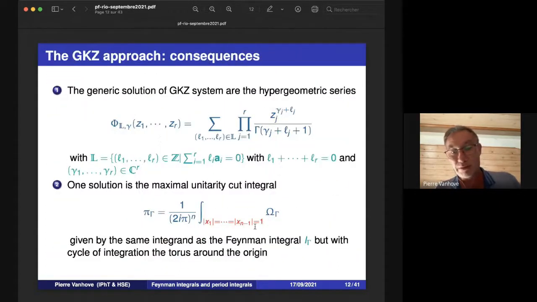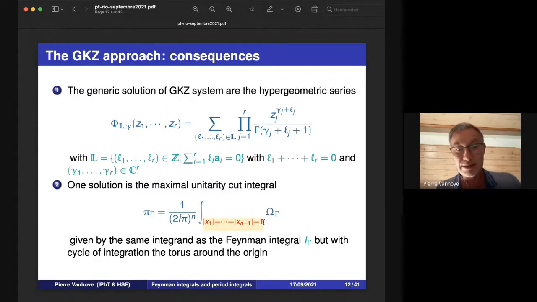Then that changes everything, because this torus is a cycle. So you have to make sure that you avoid the singularities. This differential form, as I explained, has poles, right? So you make sure that you are manipulating something while you avoid the poles.